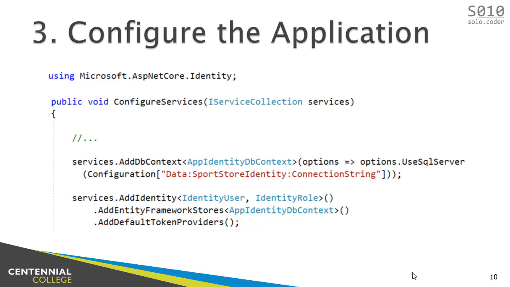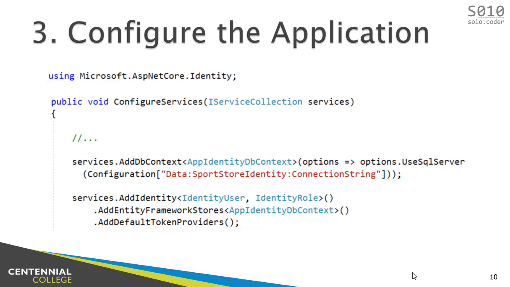But what if in our application, our users have more information that we require? Well, if we have more information, we can create our own user class that inherits from this one here, but has additional properties. And then we can potentially use our new user instead of the identity user here to determine the user class used in our application.